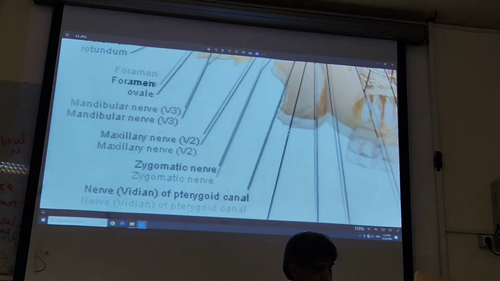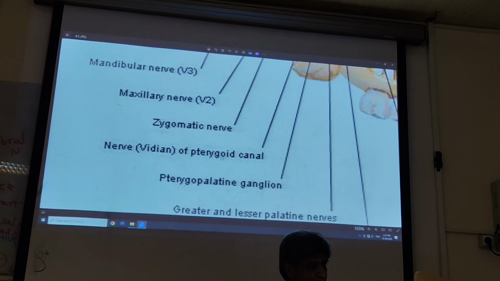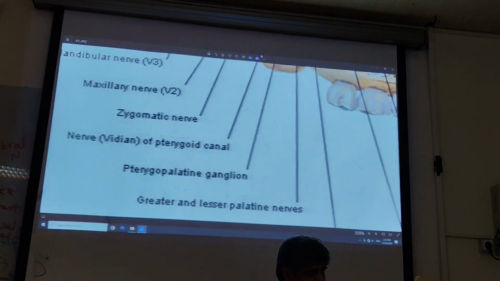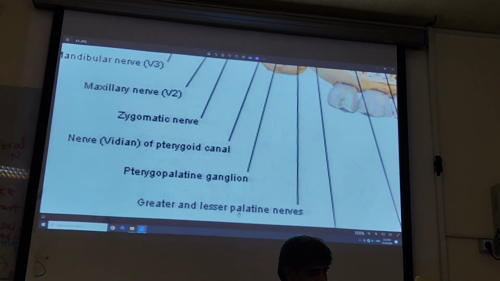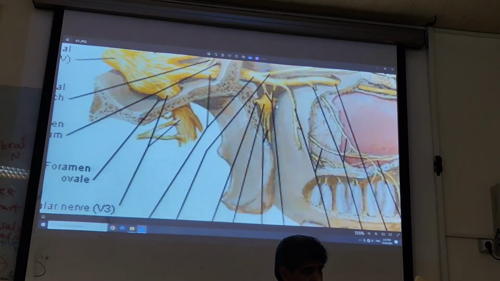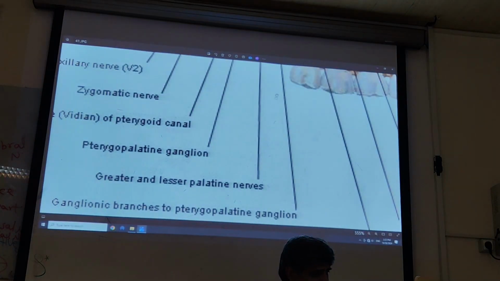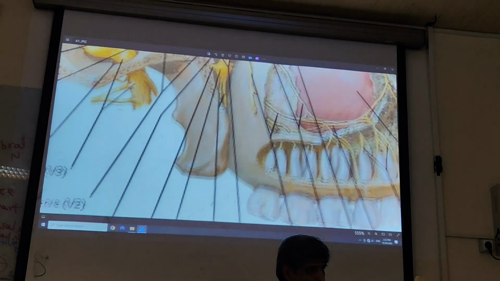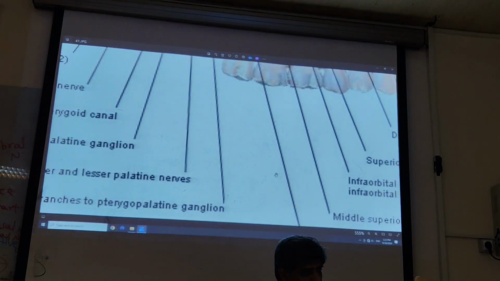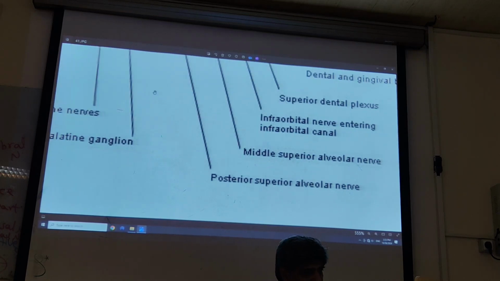Branches of the ganglion: first, nerve to pterygoid canal, another name Vidian nerve. Second, greater and lesser palatine nerves, and posterior superior nasal. Another branch, pharyngeal, and sphenopalatine.